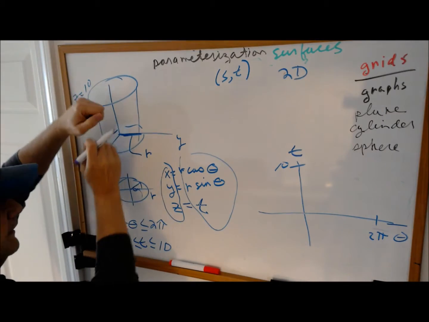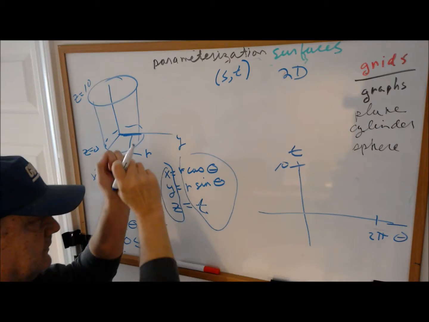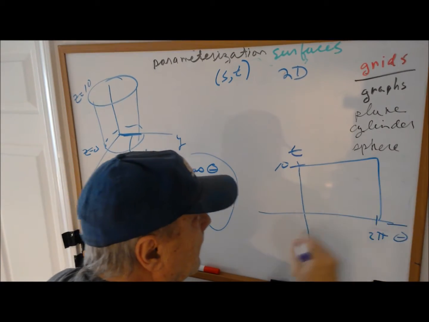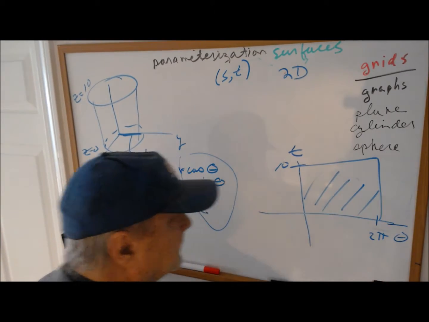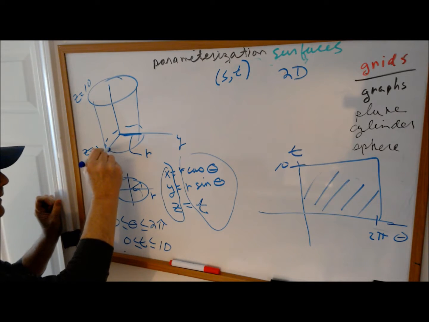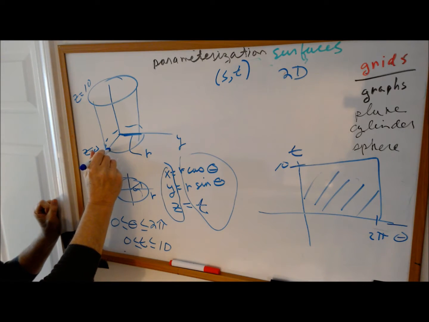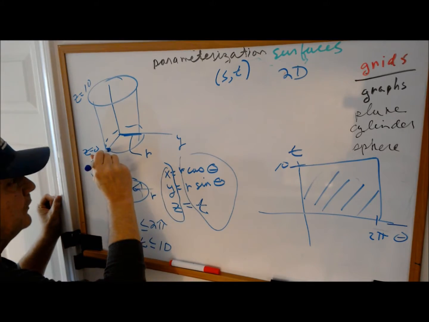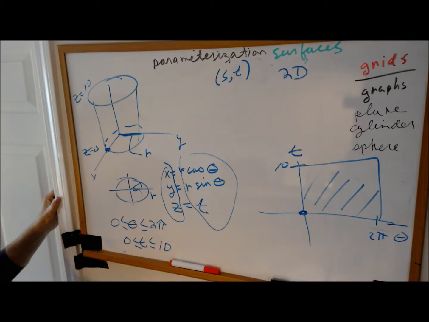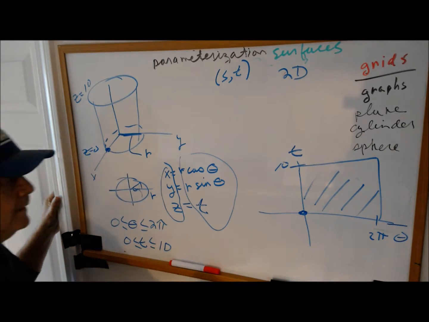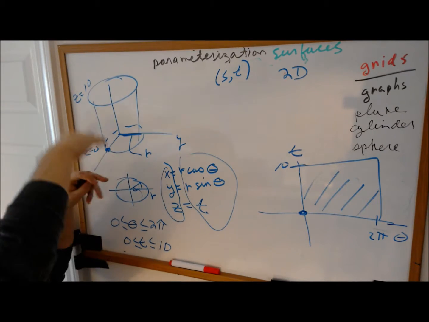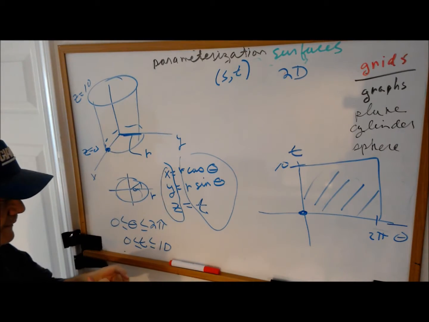So you just take this thing that you cut and put down on the plane, and the region looks like this. So this point here would be theta 0, z, or t0. So this point here maps to this point, and so forth. Okay, so that's how it works. And these theta things are the theta grid lines, and the z values are the t grid lines.